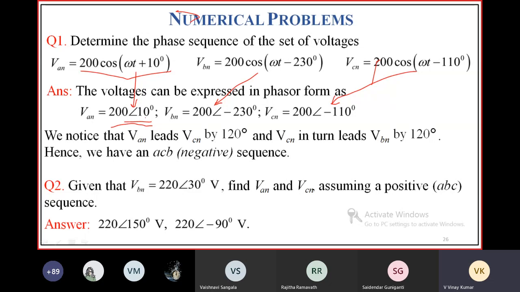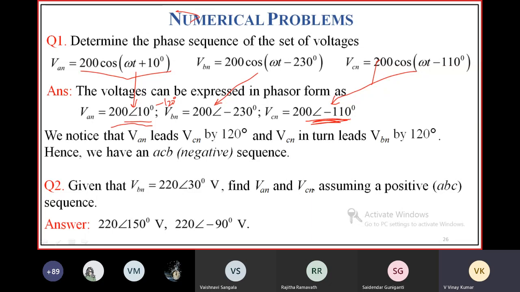The next phase voltage would be 200 at an angle 10 degrees minus 120 degrees. If I add minus 120 degrees, you get 200 at an angle minus 110 degrees.